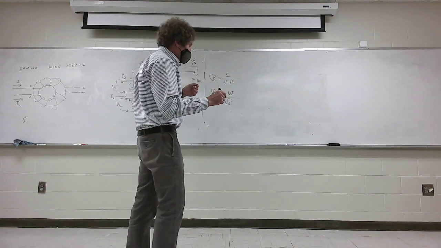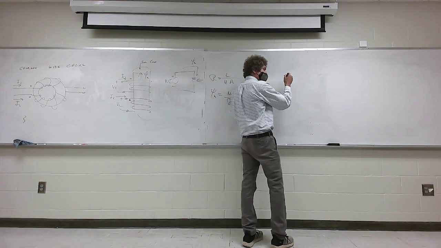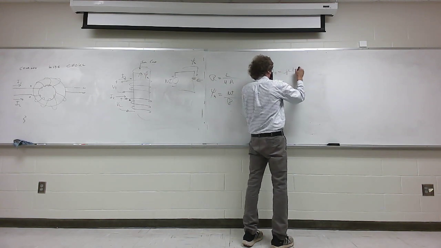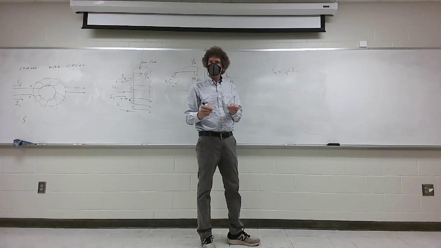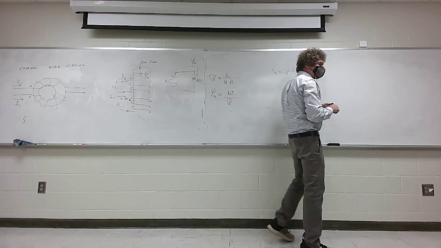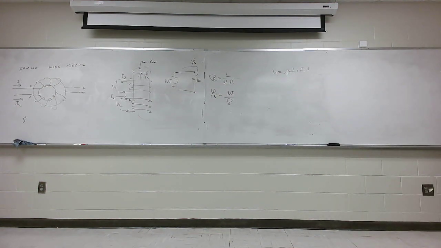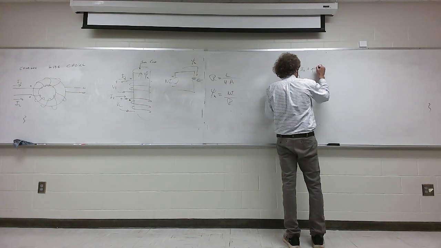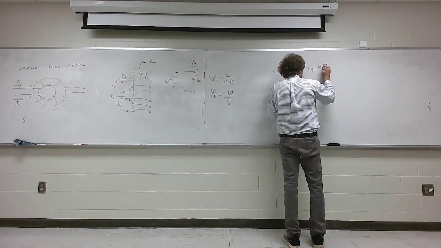So, what does that really look like in terms of the math? We're going to assume it's at a constant frequency. V1 would be j omega L1, the self-inductance of the primary, times I1, plus j omega M, I'm just calling it M, the mutual, times I2.